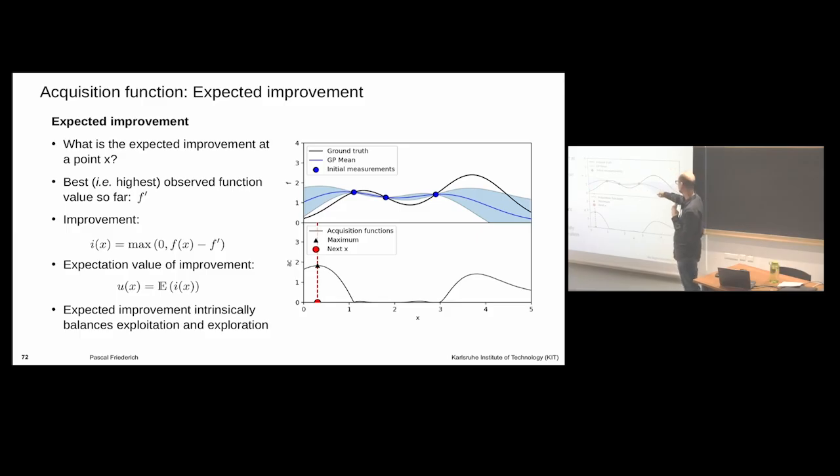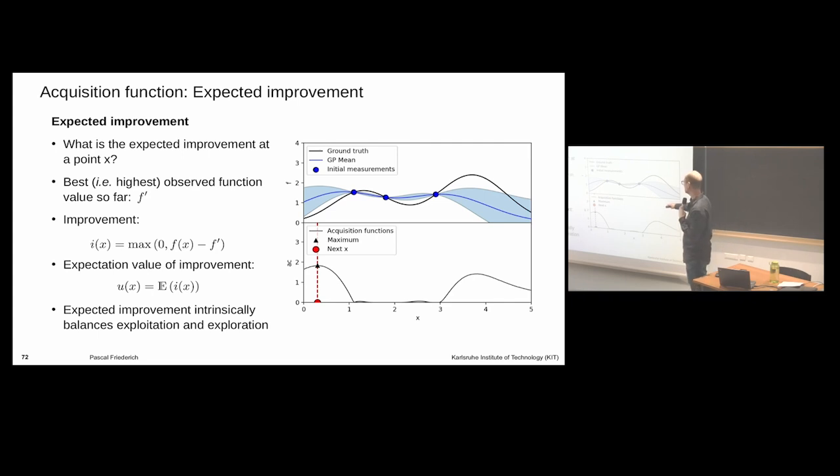It has almost nothing here, because you see that the points are going lower than the best one we observed so far, and there's not much probability that there's something better. So it's almost 0 here, but then there's again some probability that this observation will be higher than the best one so far. So we again have a maximum here.